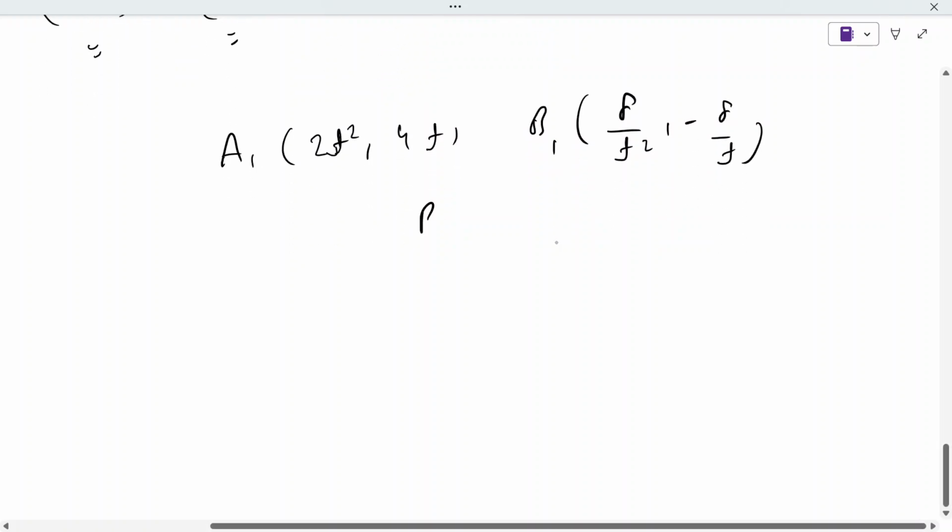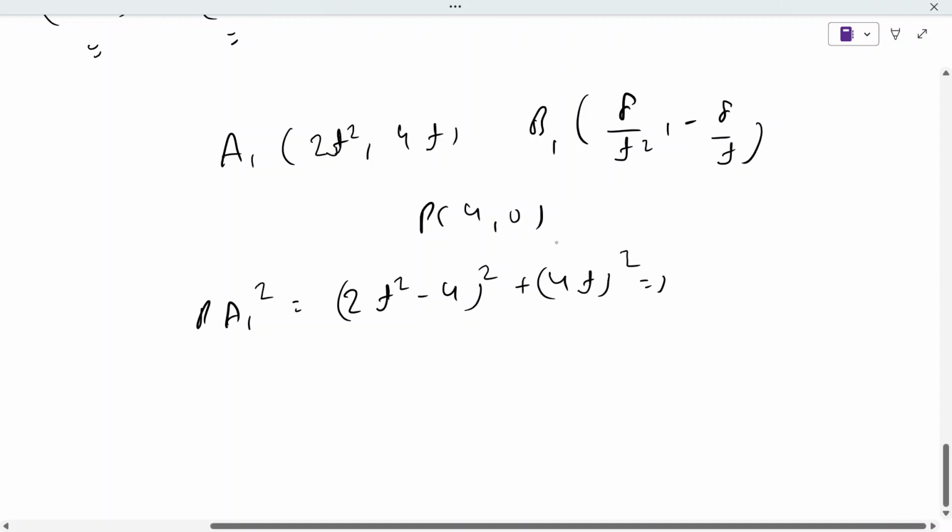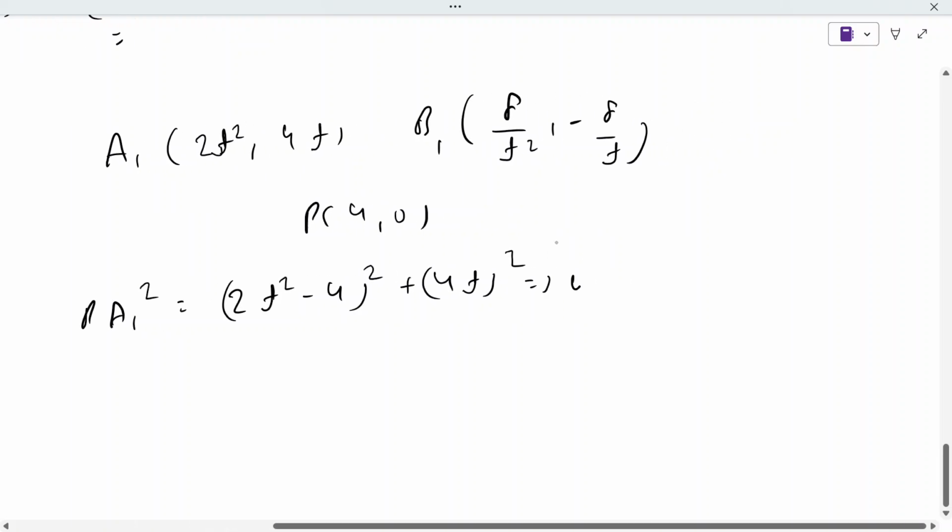And P is (4, 0). Let's evaluate the distance. PA1 square is equal to (2t square minus 4) square plus (4t) square, that is equal to 4t to the power 4 plus 16 minus 16t square plus 16t square, so it is 16 plus 4t to the power 4.